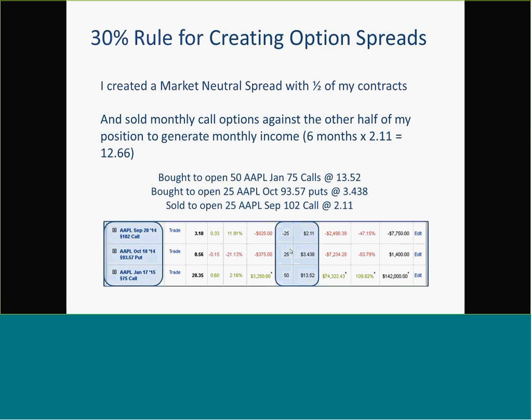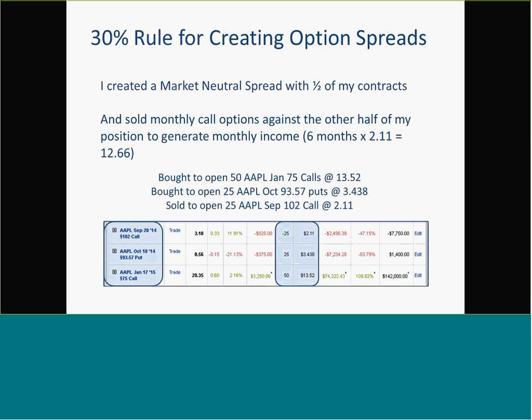And here's another interesting thing with selling this monthly option premium. I collected 2.11 by selling the 102 strike call, so that equates to $211, and I get to do that 6 times.